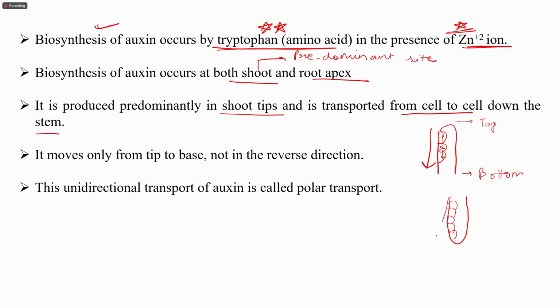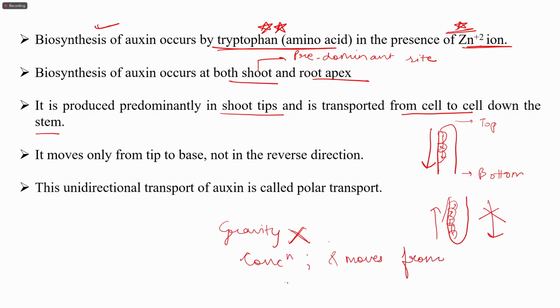Will it be like this or like this? It will not be like this. If I change the orientation, again the auxin will move against the gravity. So auxin is not affected by gravity, but is actually affected by the concentration and moves from the coleoptile region to the downward cells.